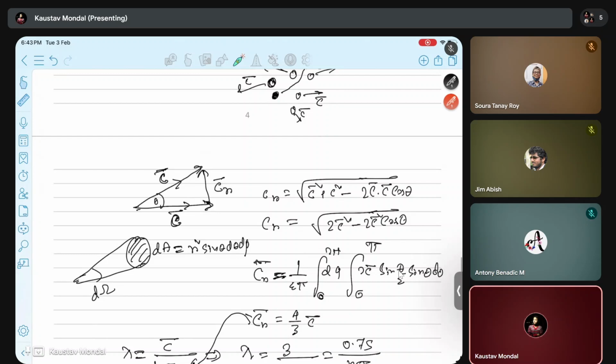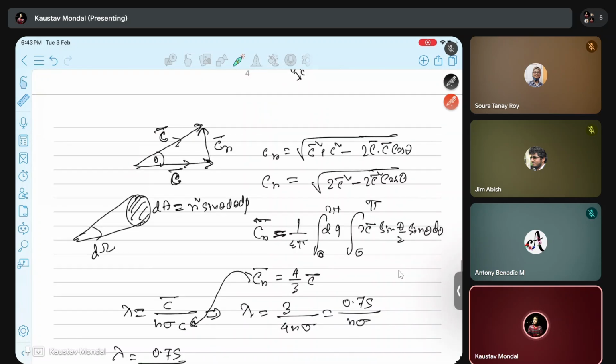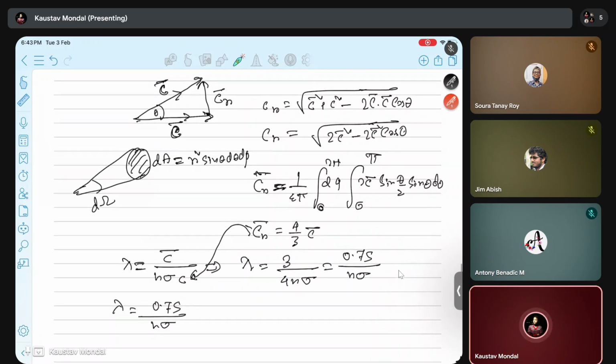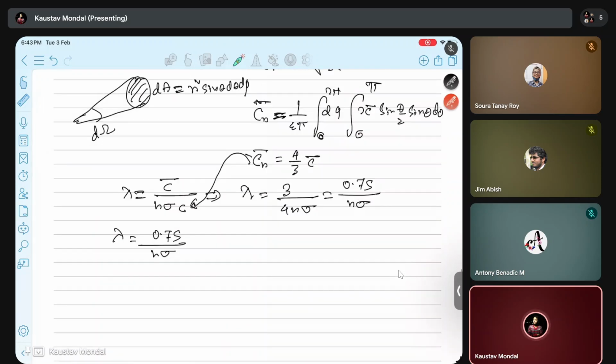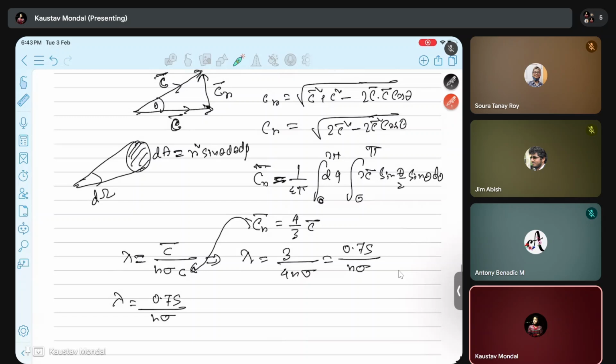This calculation is done in every book, you can check the whole calculation. From there you can calculate the resultant velocity, and for a particular area dA with a solid angle, do the integration over the whole area.